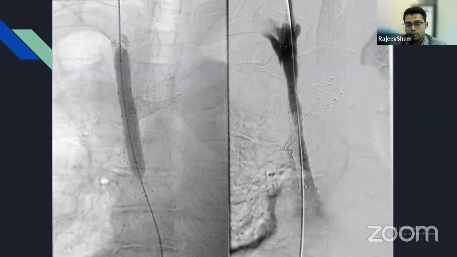This is a case of a mediastinal tumor which is causing SVC obstruction. So what we did was balloon angioplasty, and then we put a stent to maintain the patency of the SVC.